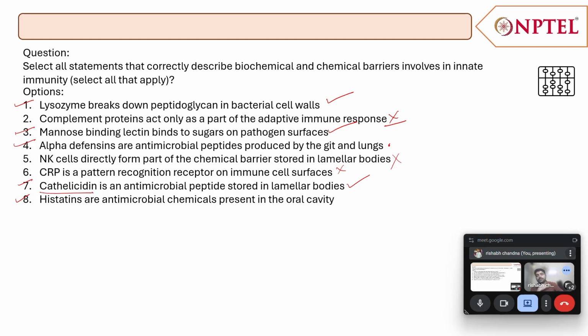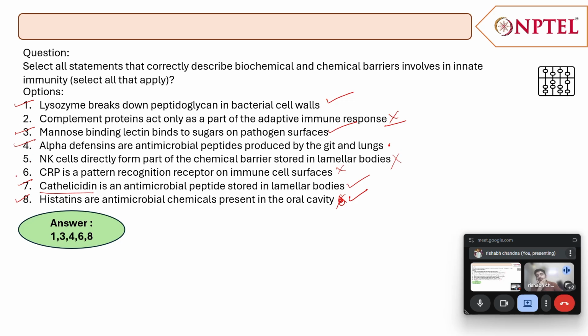Cathelicidin is like defensin. It is also produced in response to pathogens. Then histatins are antimicrobial chemicals present in the oral cavity. Sorry, this is correct. So the answers are 1, 3, 4, 6 and 8.